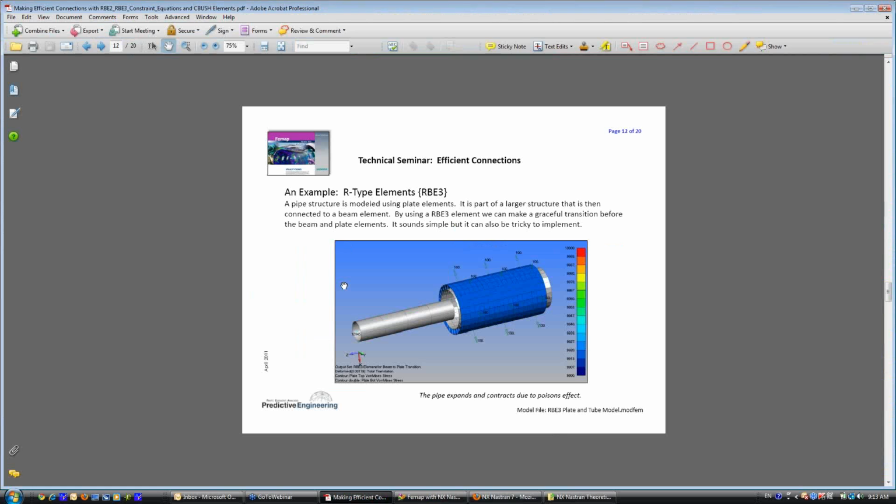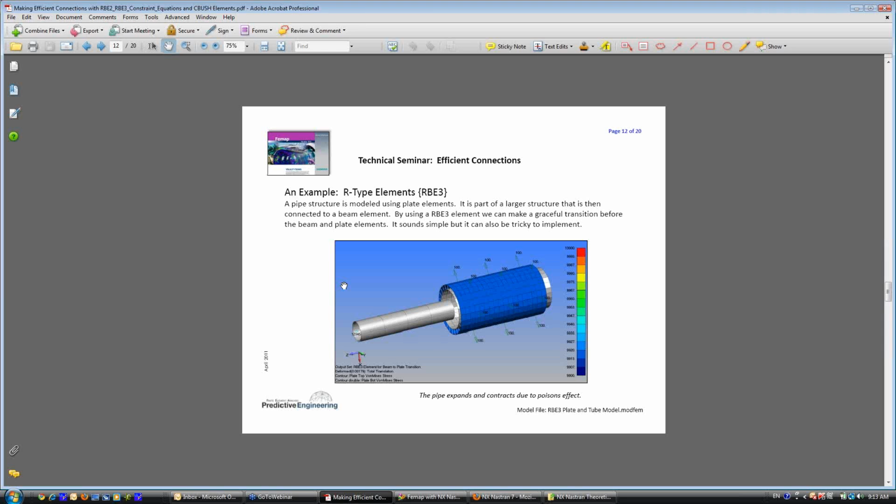Uses for the RBE3. I think of it as spreading forces around, when you just want to connect forces from one part to another part of the model.